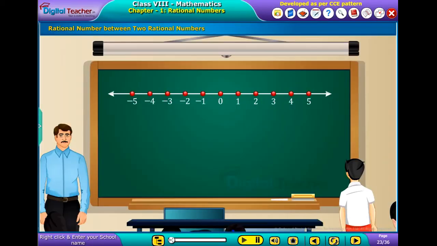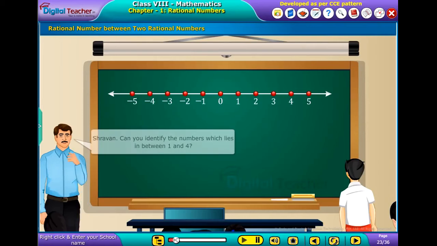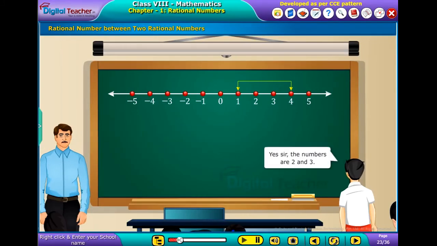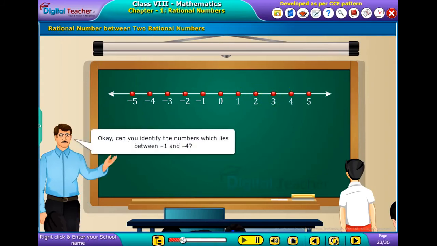Let us observe the conversation between a teacher and a student on rational numbers between two rational numbers. Shravan, can you identify the numbers which lie in between 1 and 4? Yes, sir. The numbers are 2 and 3. Okay, can you identify the numbers which lie between -1 and -4?